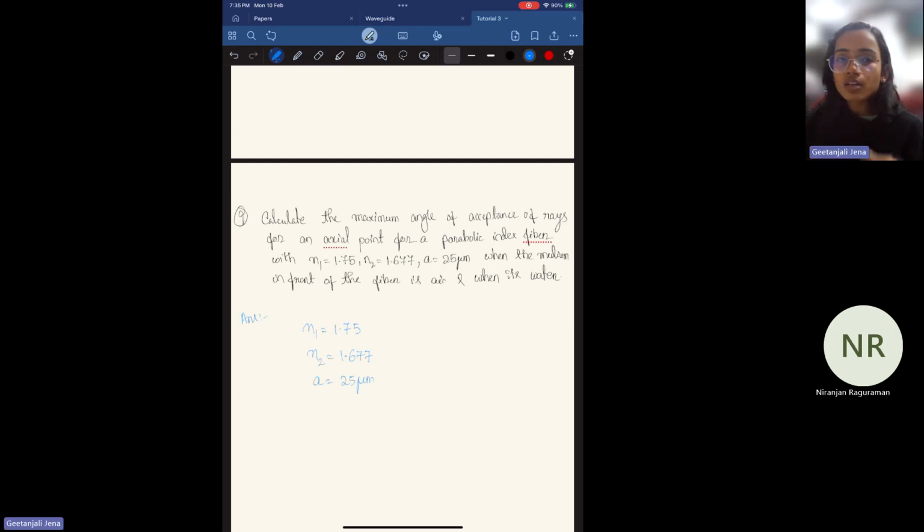So for the maximum angle of incidence, first we need to find the numerical aperture, then by taking the sine inverse of this numerical aperture, we can find the maximum angle of incidence.